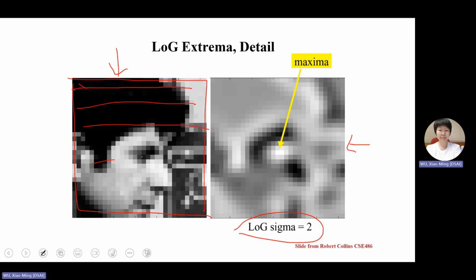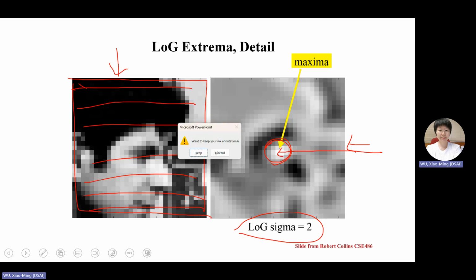If we scan the image, applying the filter across the image, we will achieve maximum response at this place. So this pixel gives maximum response.